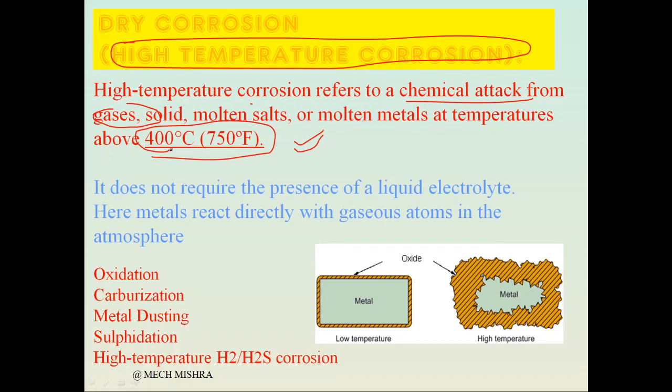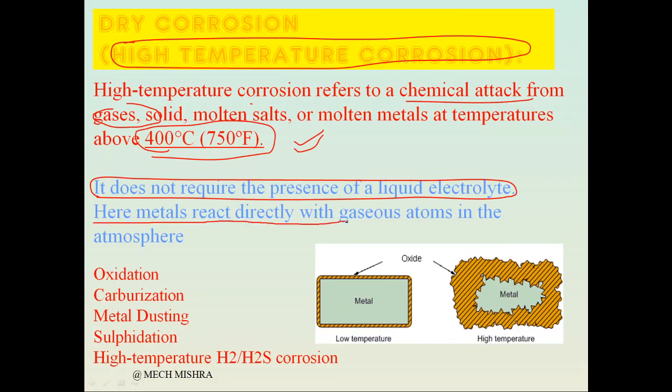So what is different here from general or aqueous corrosion? Here it does not require the presence of a liquid electrolyte, and hence the metal directly reacts with the gaseous atoms in the atmosphere.